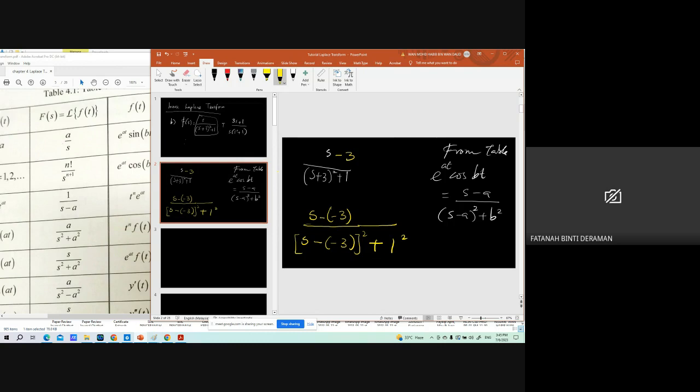Actually, we should add a minus here so that we can get the value of a here.